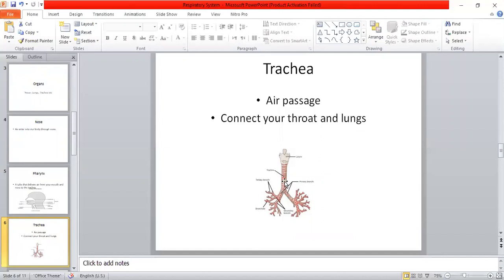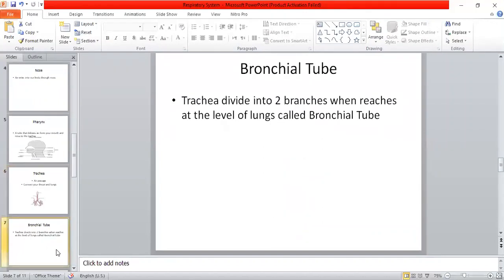When the trachea reaches down, it divides into two further branches called bronchi, singular bronchus, plural bronchi. One will enter into the right lung, another will enter into the left lung. What are bronchial tubes?